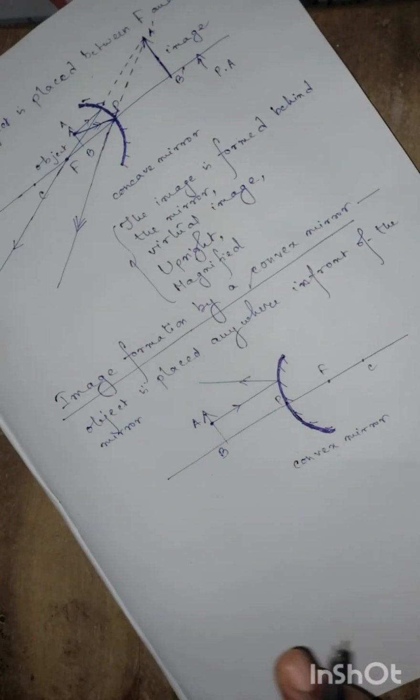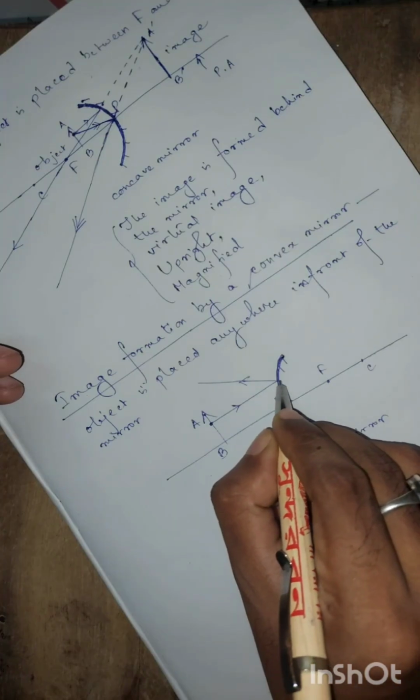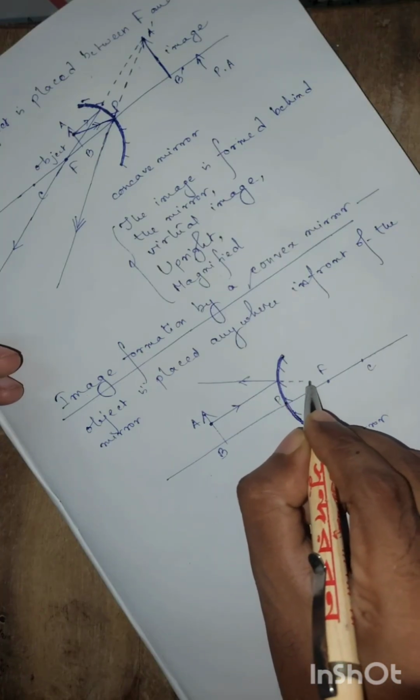So when we produce it backwards, it passes through the focus.